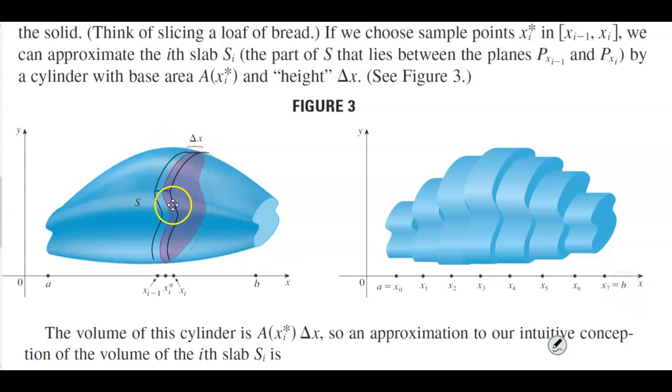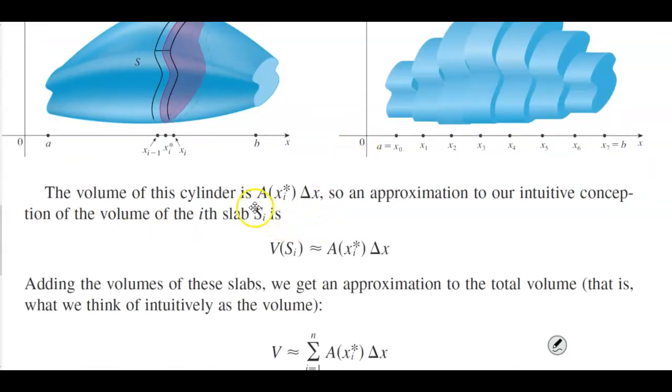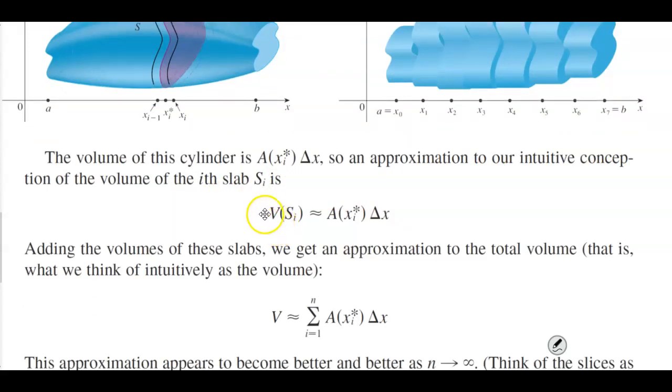This is the same piece that we did in the previous section, where you have this delta x, and now you're trying to find the area of this cross section. The volume of this cylinder is A of x sub i star times delta x. So an approximation of our intuitive conception of the volume of the ith slab S sub i is A of x sub i star times delta x.